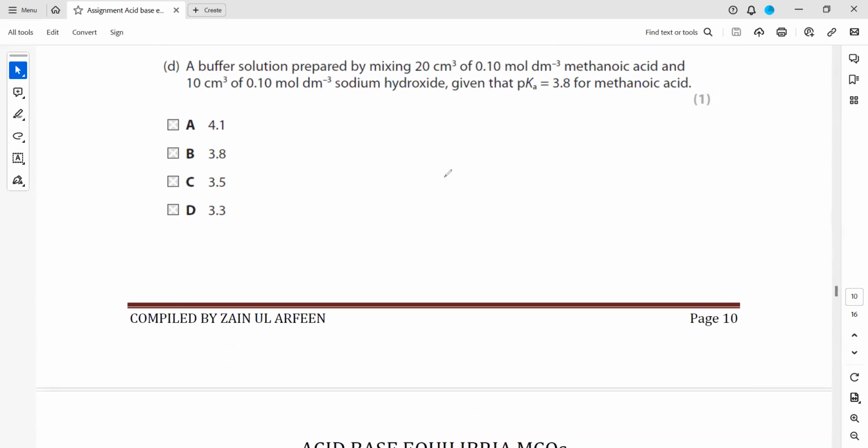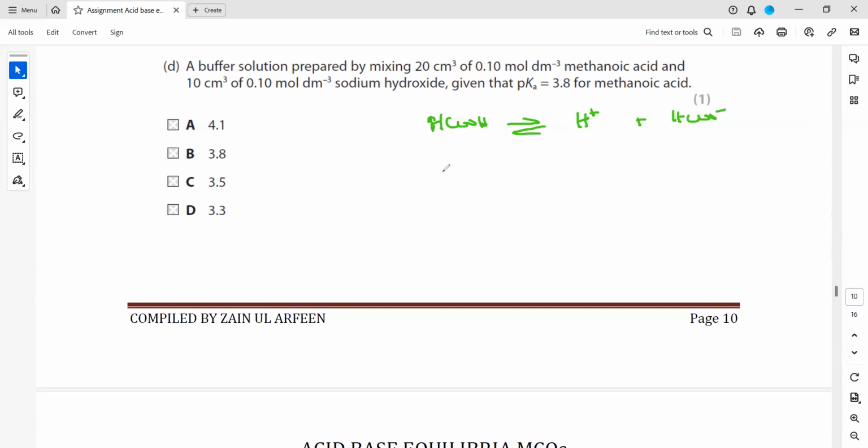So how can we work out the pH of a solution for buffer solutions? So Ka, the dissociation constant, is equal to the concentration of, because here what we have is methanoic acid. So methanoic acid is HCOOH, which will dissociate into H plus and HCOO negative ion.